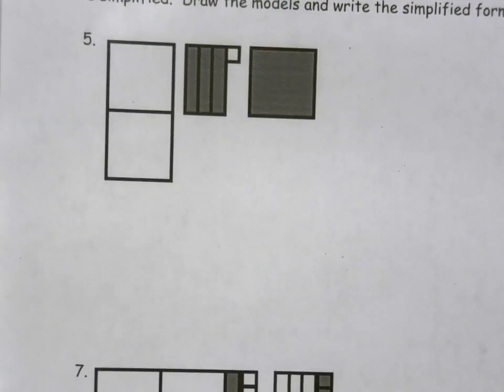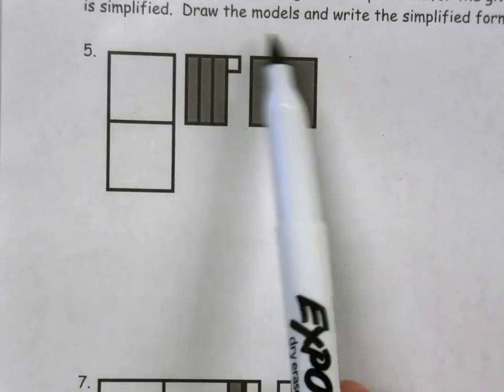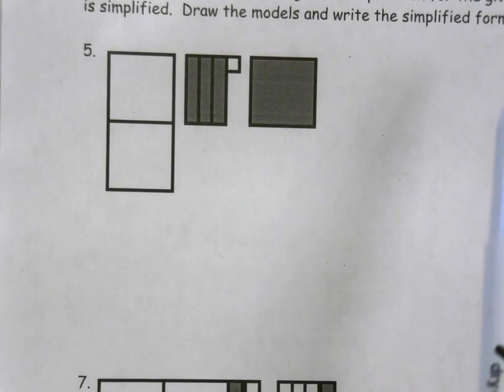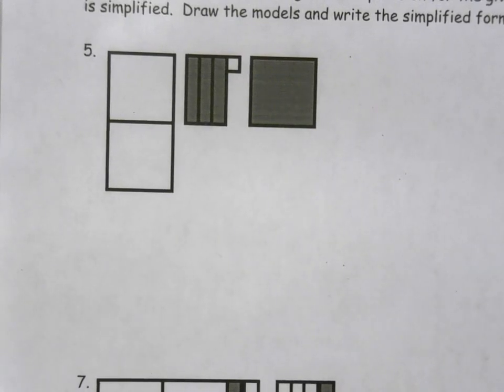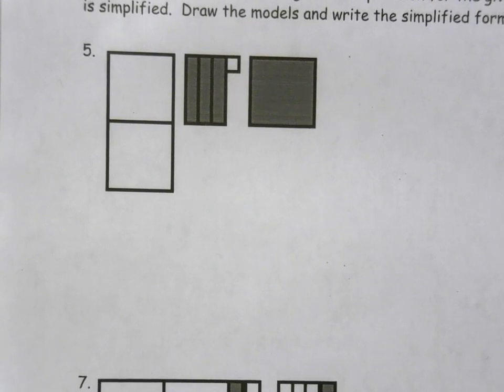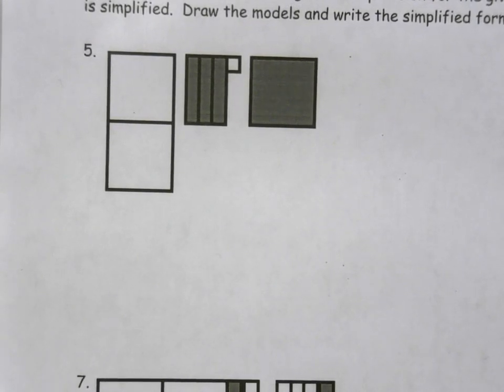Okay, so this one says we're actually drawing models to represent the simplified form. So we're going to cancel the ones that can cancel and only draw whatever's left over. Do y'all see anything that's going to cancel?